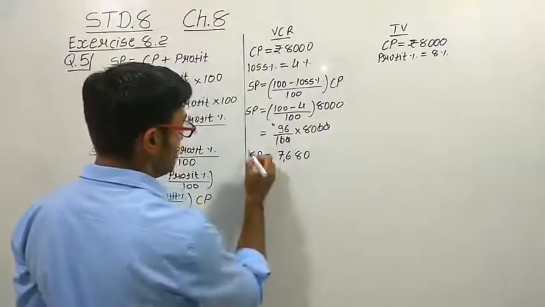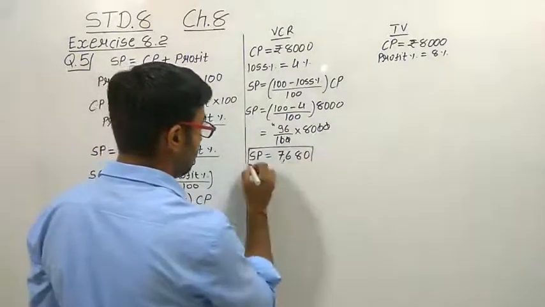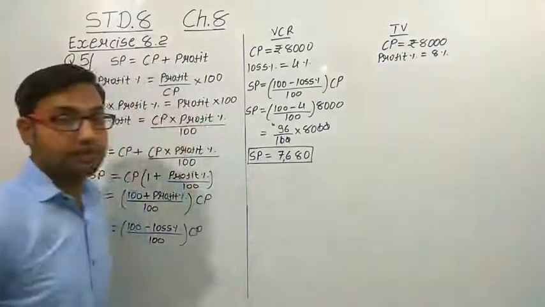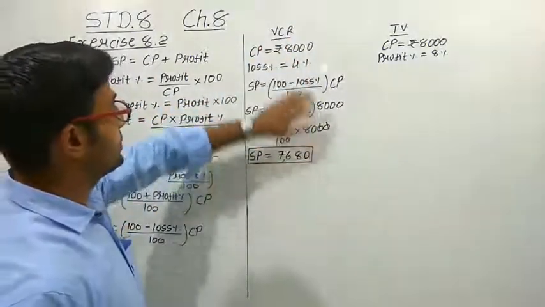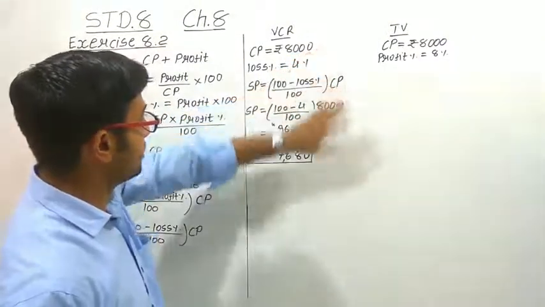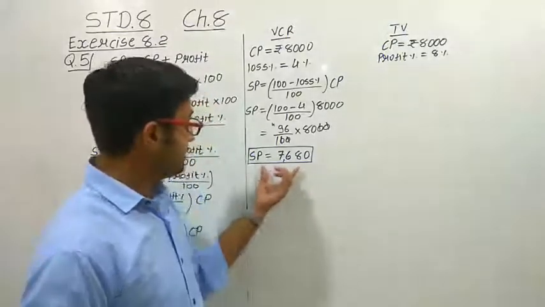So we get the selling price of the VCR. He purchased the VCR in 8,000 and he sold it as 7,680 rupees. So this is the selling price.